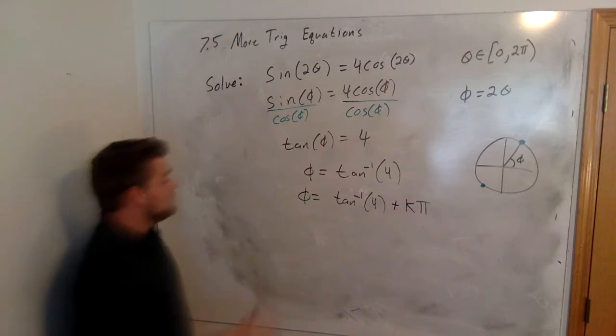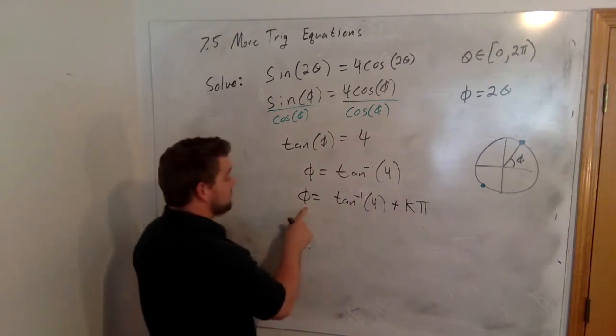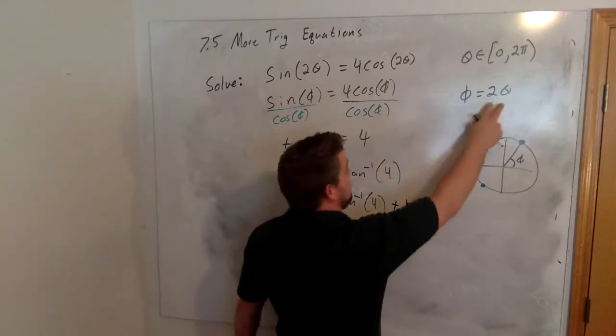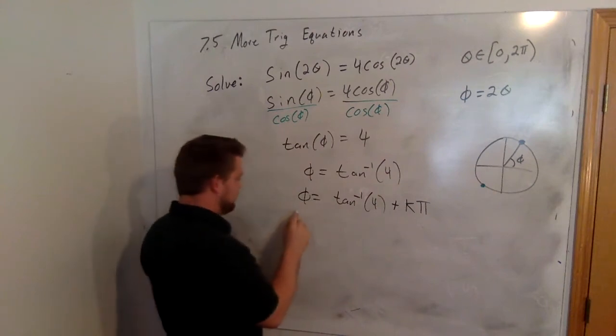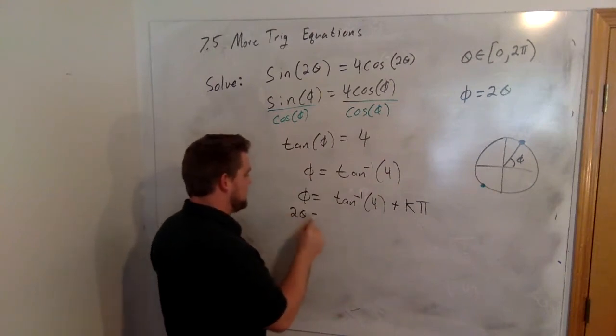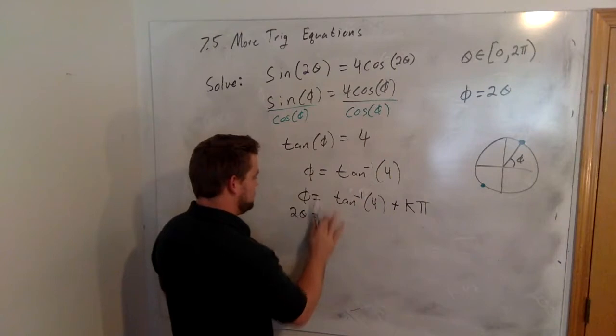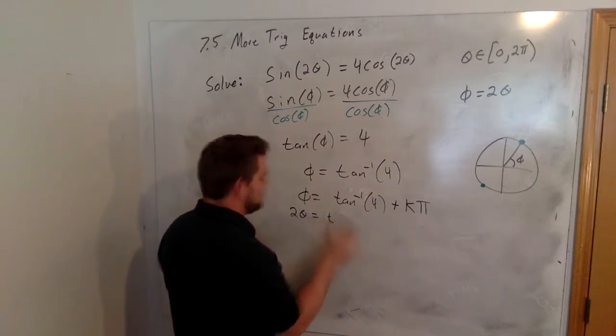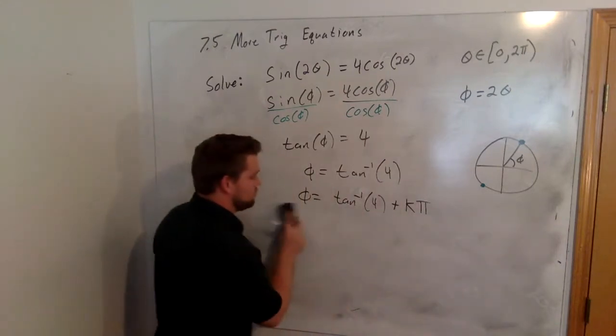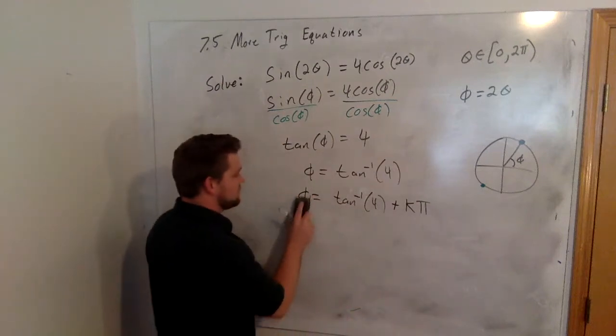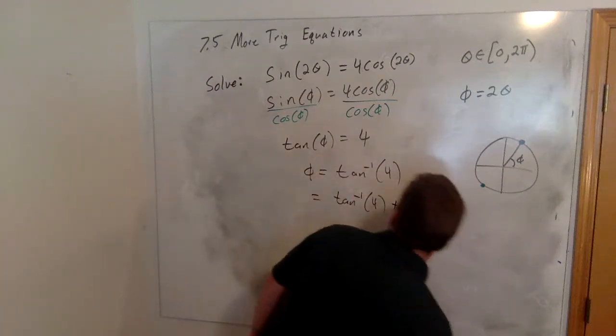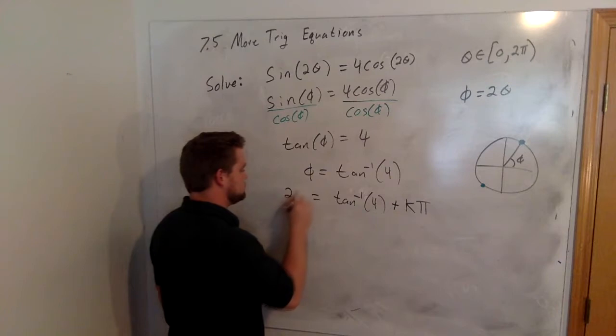Okay, so now we don't want to solve for phi, we actually want to solve for theta, so let's make that replacement. I'm going to replace the phi here with 2 theta, so we have that 2 theta is going to be equal to tan inverse of 4 plus multiples of pi.